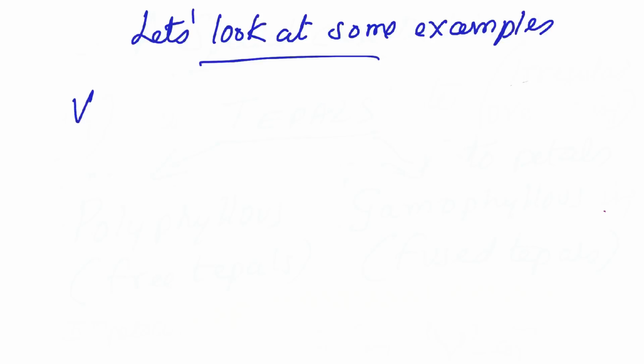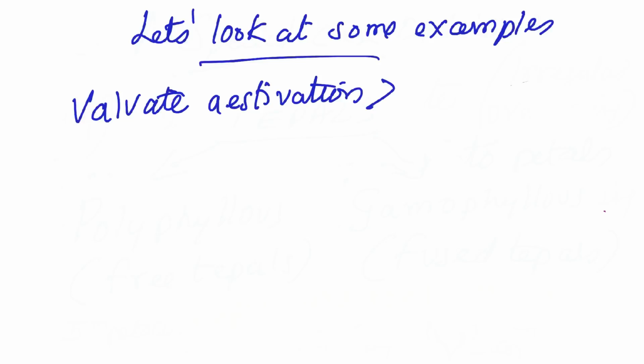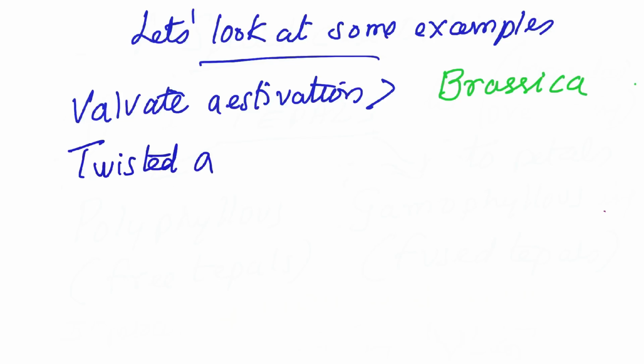In the second part of the video, let's take a look at particular examples of the floral characters which we just discussed. We are starting with a standard example of the valvate aestivation, where we know that the adjacent petals touch each other but don't overlap, and a very famous example is brassica.